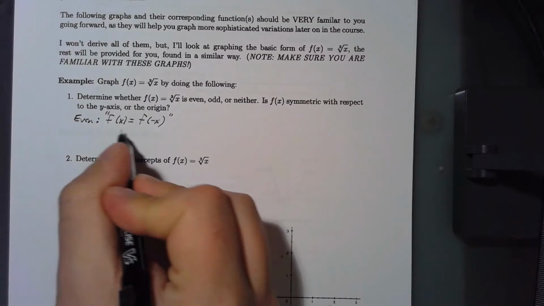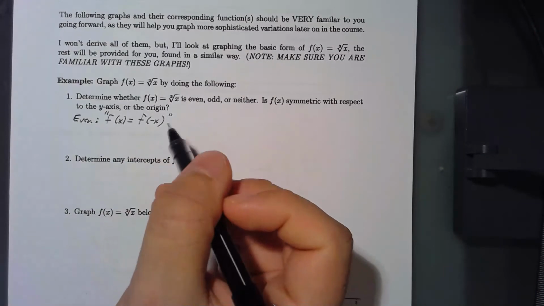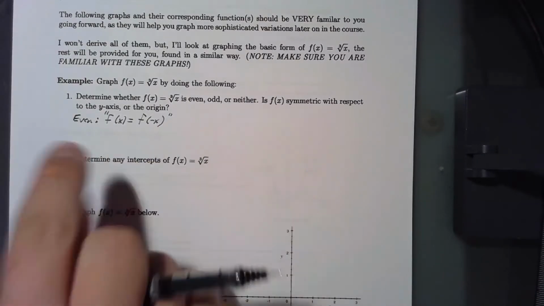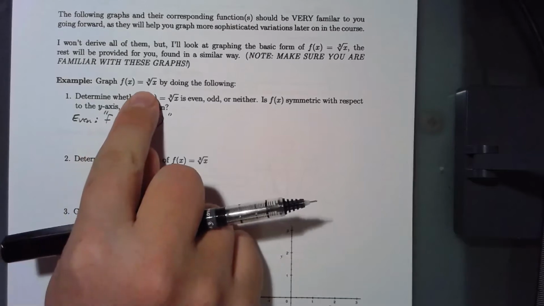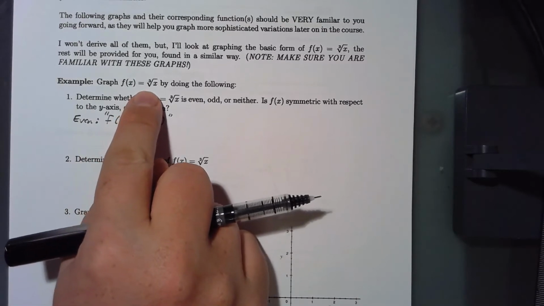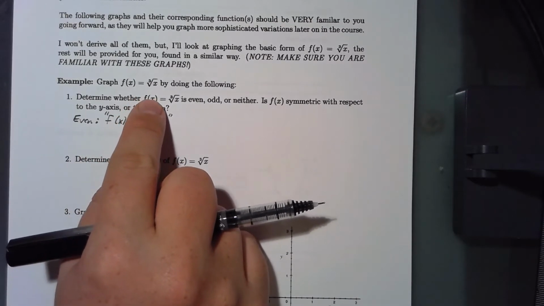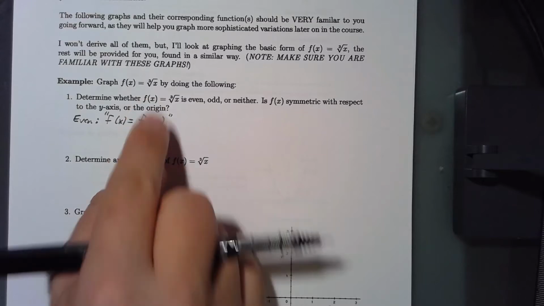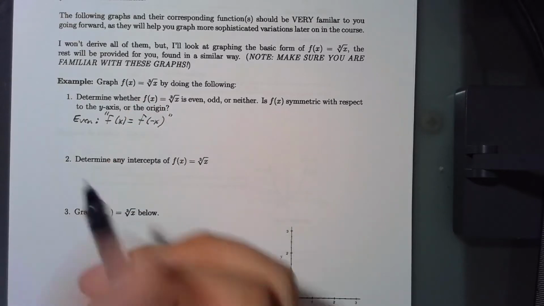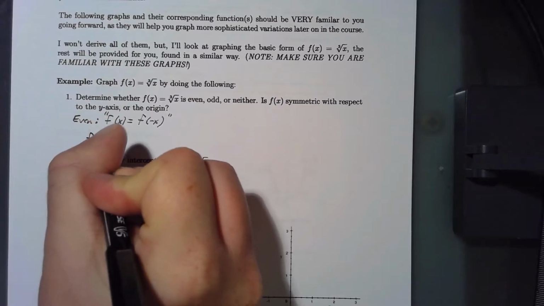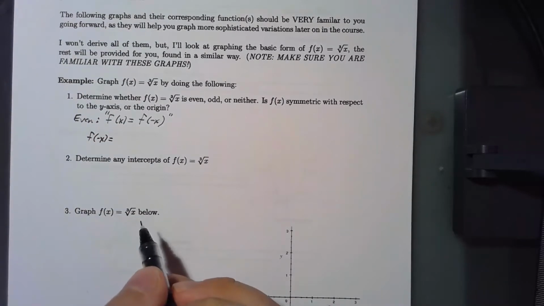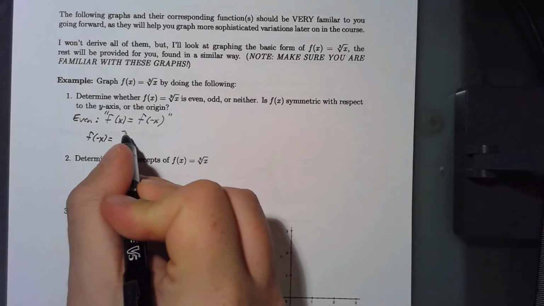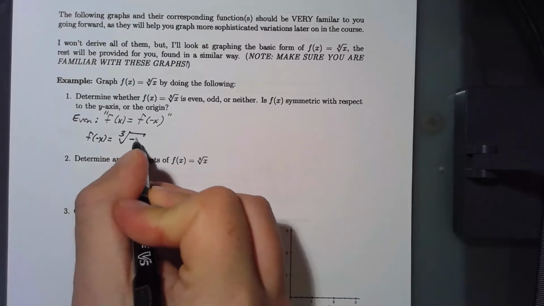If this is true for this function, then it's even. So let's try it. We already know the function is equal to the cube root of x. But what is the function at negative x? Well, we're going to have the cube root of negative x.